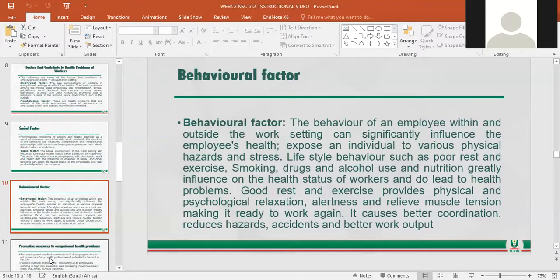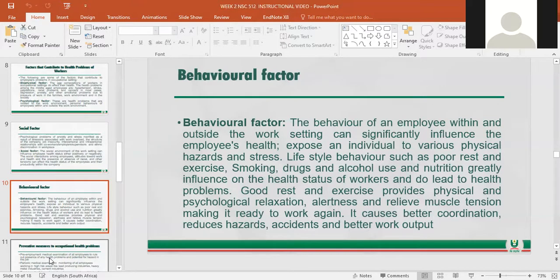It is your role as a nurse to emphasize to employees the importance of their health, that their behavior, their attitude towards their health, can be both positive and negative.